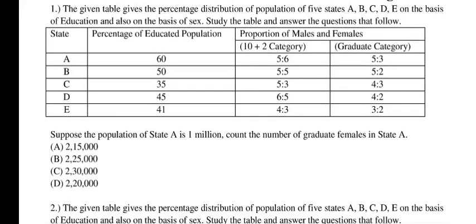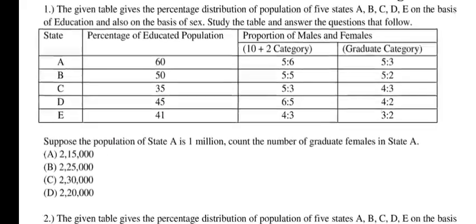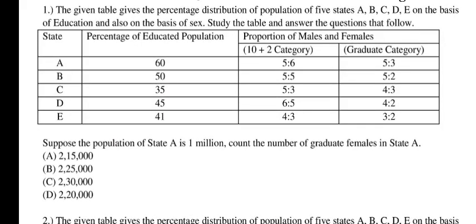The first question that we have got is: the given table gives the percentage distribution of population of 5 states A, B, C, D, E on the basis of education and also on the basis of sex. Study the table and answer the questions that follow. In the first column, state, we have A, B, C, D, E, and then the percentage of educated population: 60, 50, 35, 45, 41.